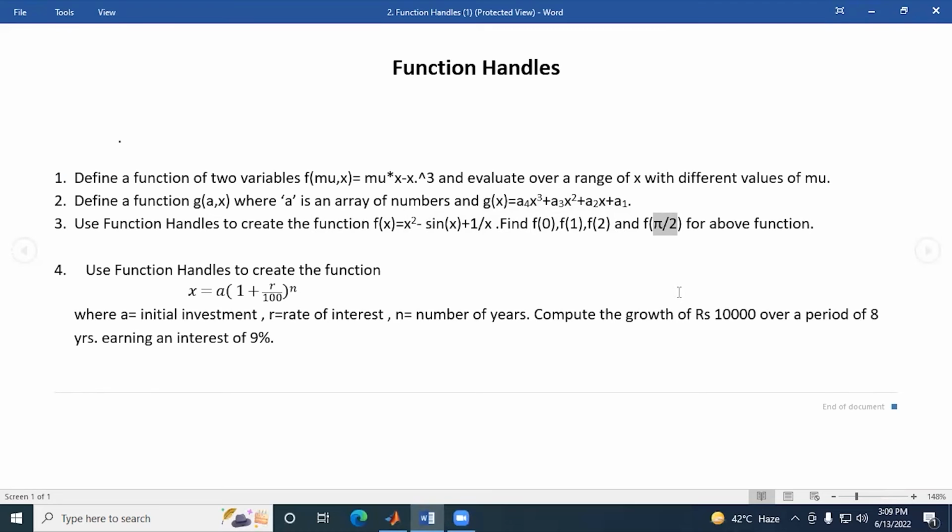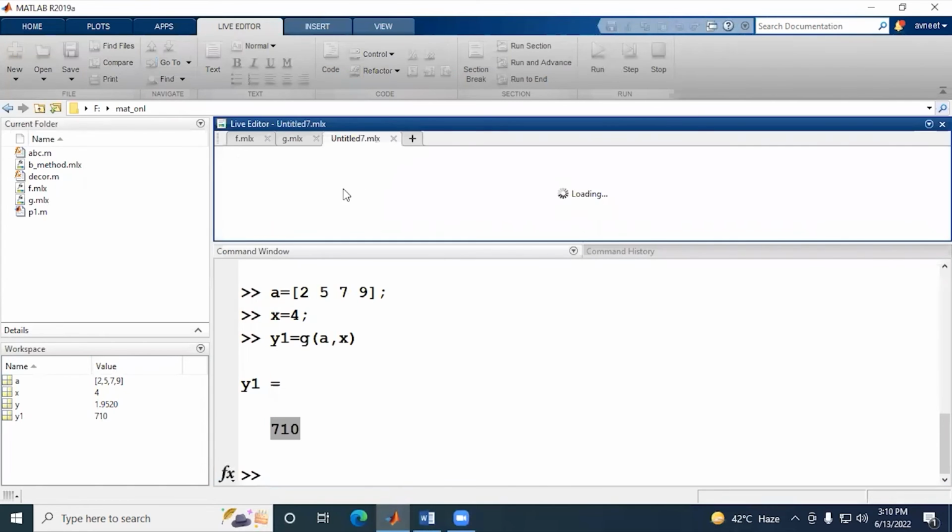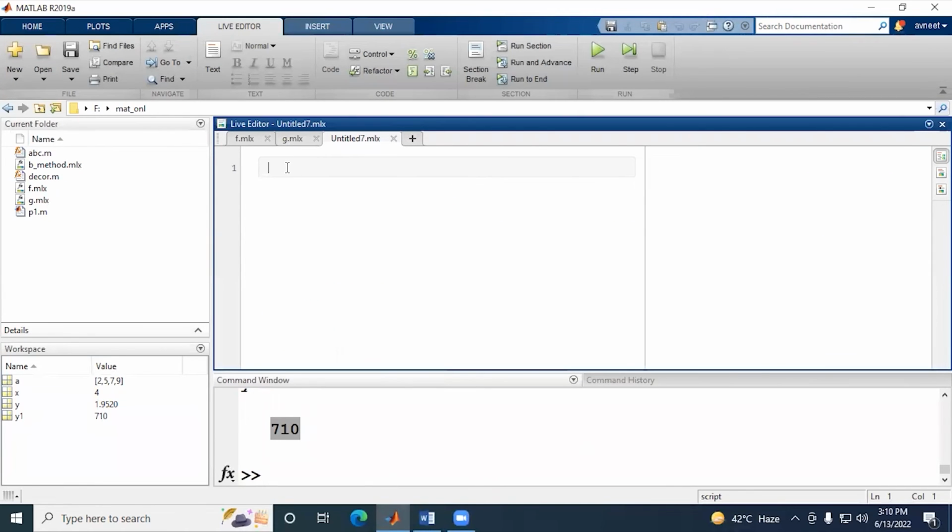So let us just do this thing. I am just copying the body of the equation, because I'm going to use it in my new window here. Let me make this a comment because I'm going to use this equation in the function.